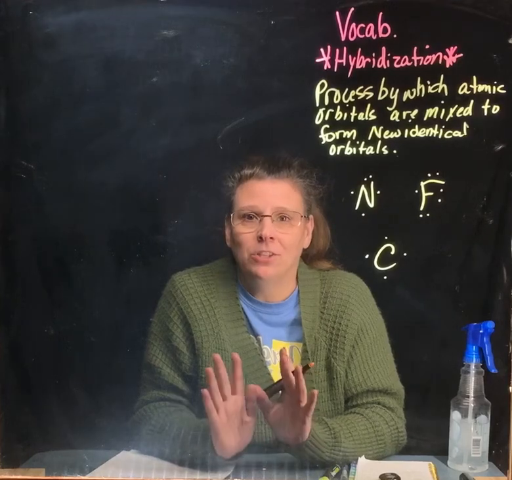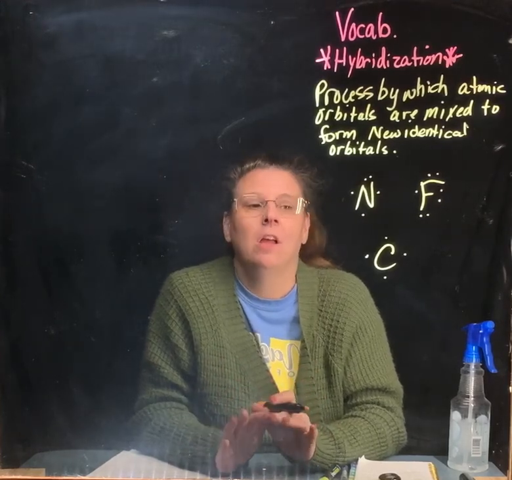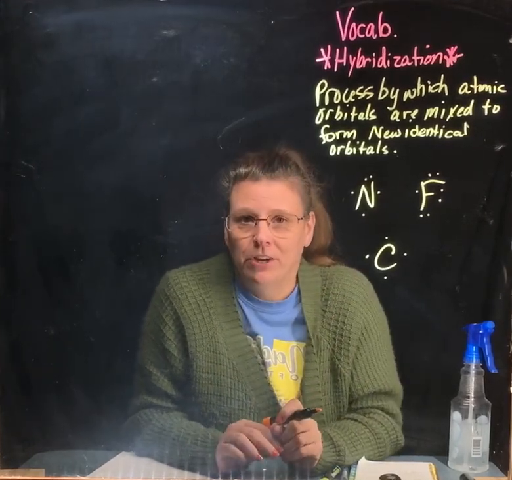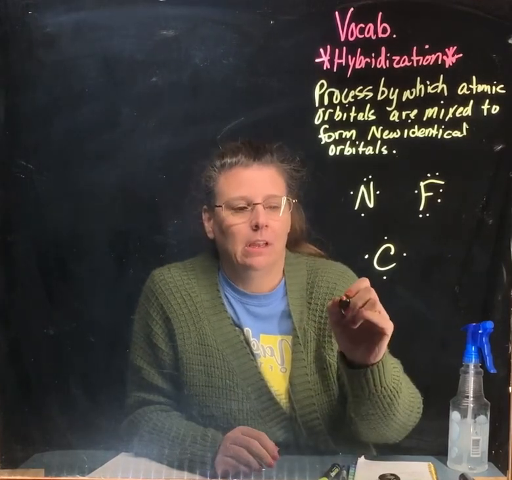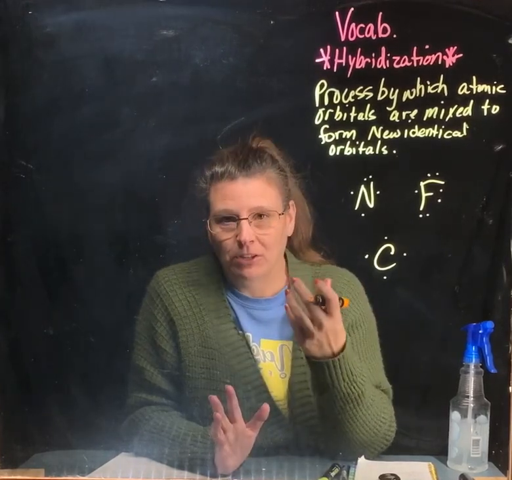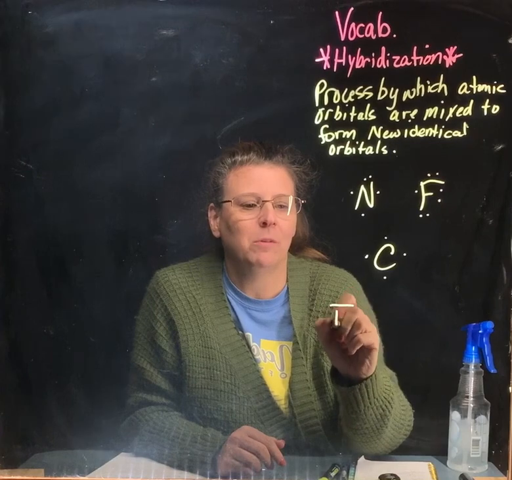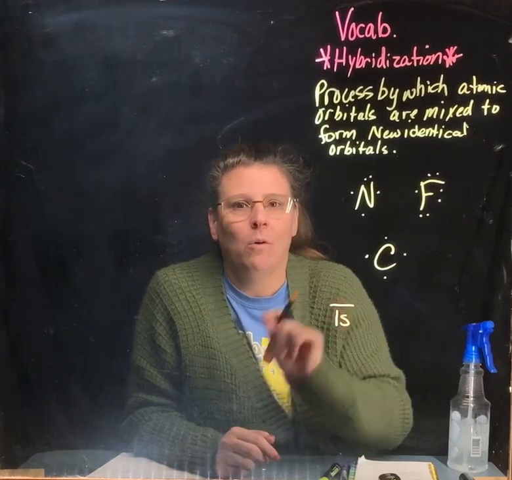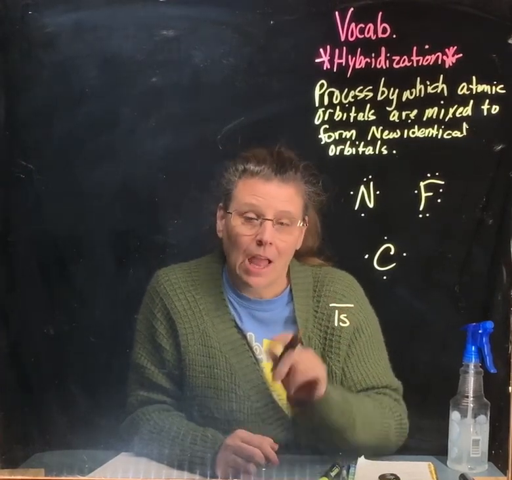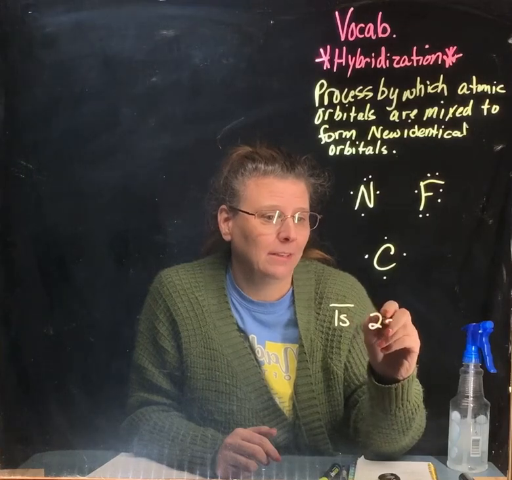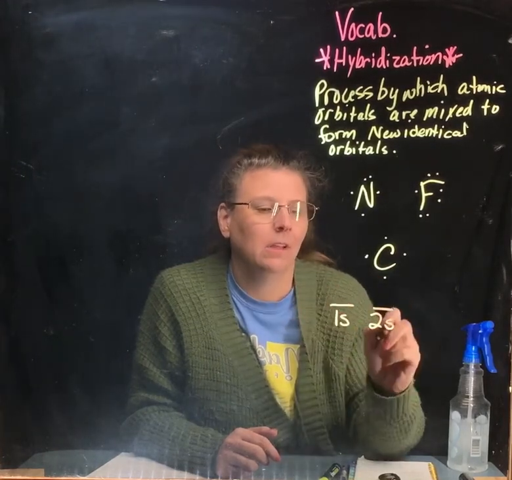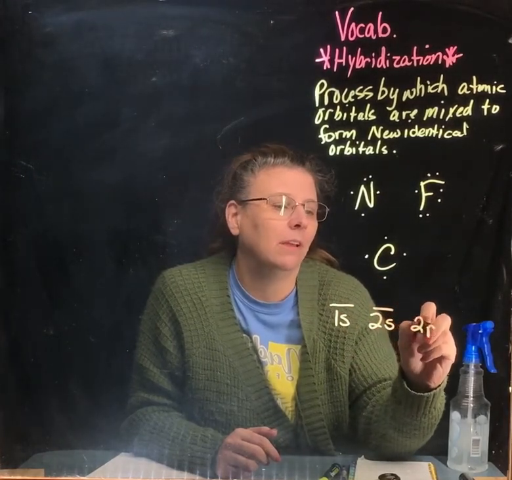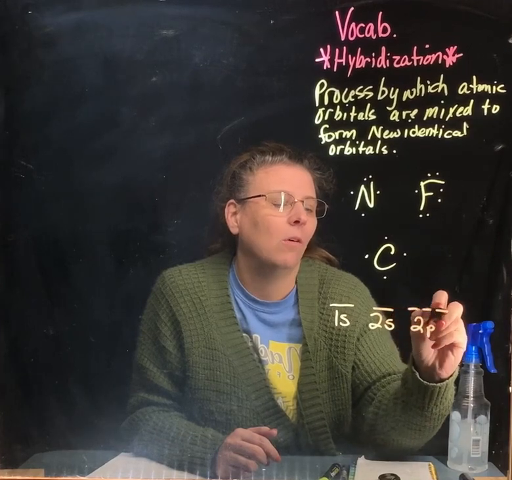If you go back to electron configuration, what is the electron configuration for carbon? Well, from electron configuration, we start with 1s, and it has 1 orbital. After that it goes 2s, and it has 1 orbital. Then you have 2p, and it has 3 orbitals.